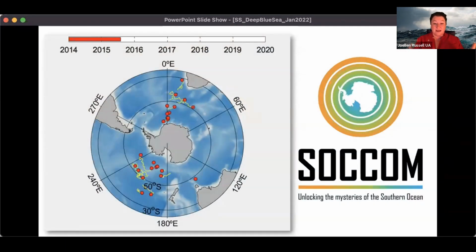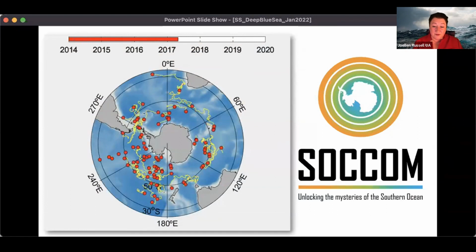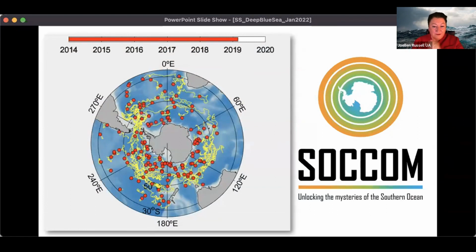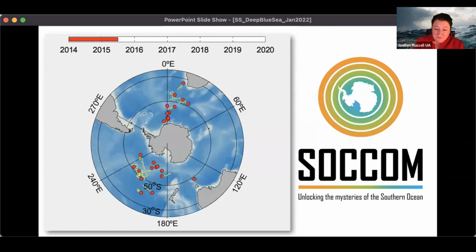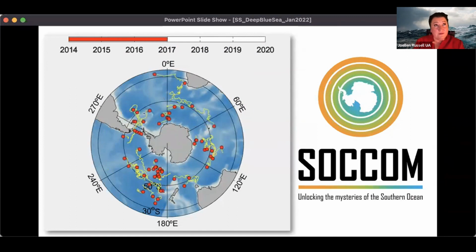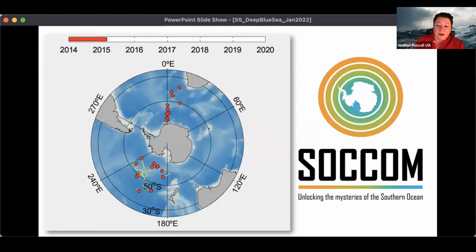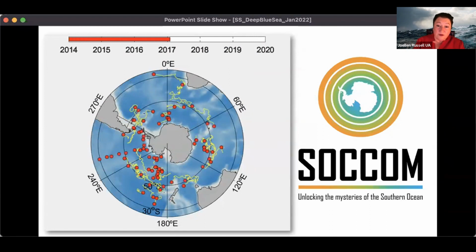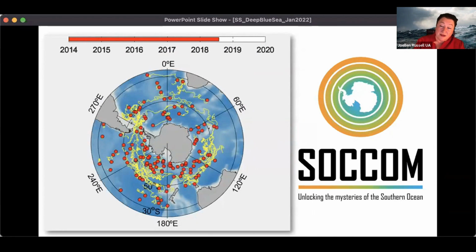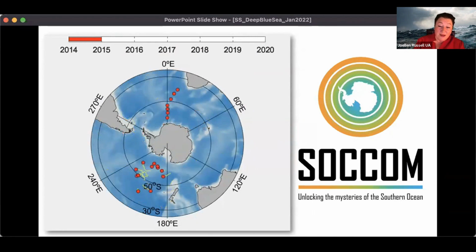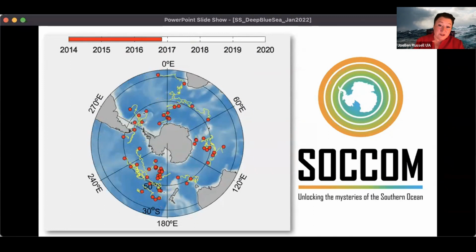And this is the actual trajectories of all of these floats. We've deployed over 200 now, and we will deploy another 100 to 130 before the end of the program. Those last for 5 years and will give us about 200 profiles, and they cost less deployed than 2 days of ship time.